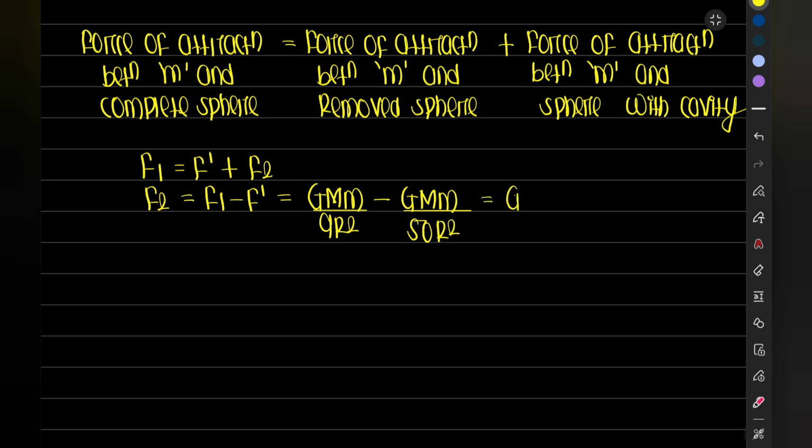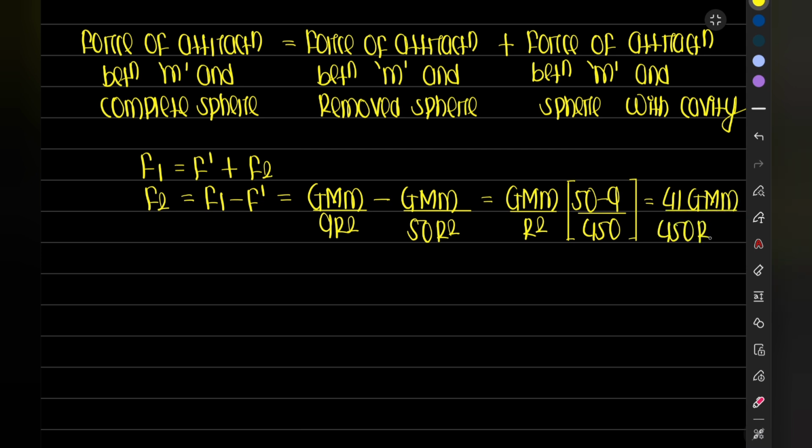As we can see, G capital M small m by r square is common, so in the bracket we will basically have 50 minus 9 by 450. This step I have performed directly, taking the cross multiplication. So finally it will be 41 G capital M small m by 450 r square. This is the value of F2.